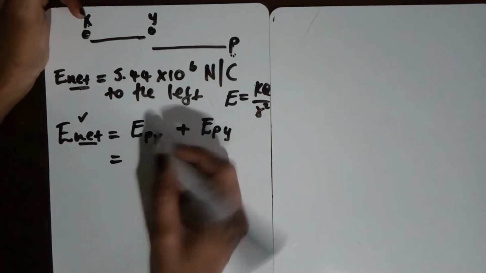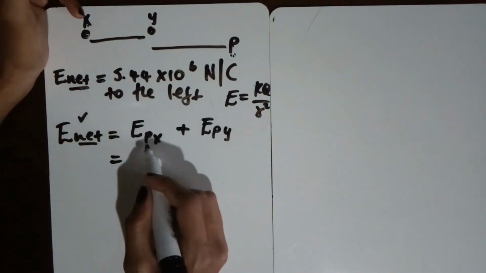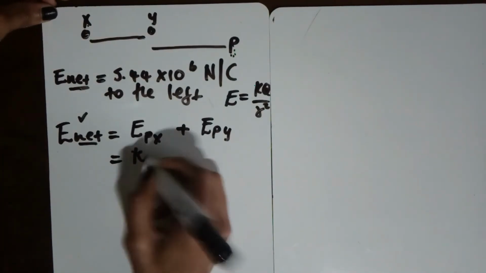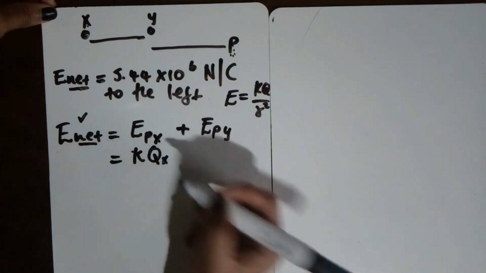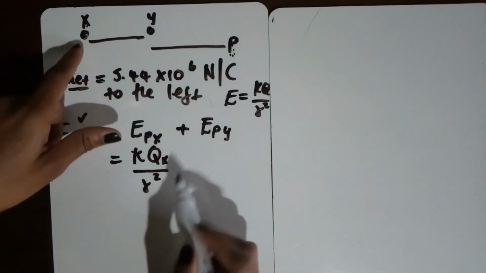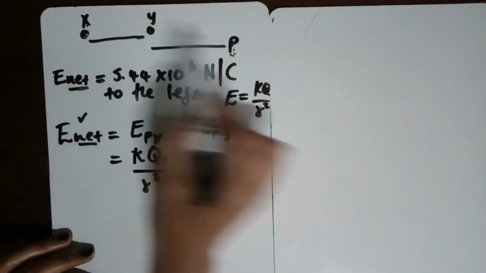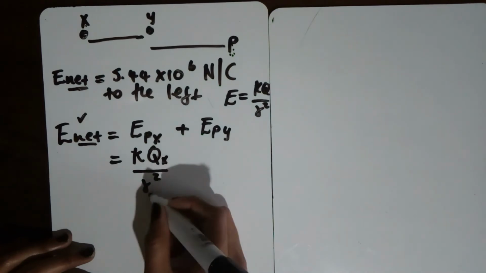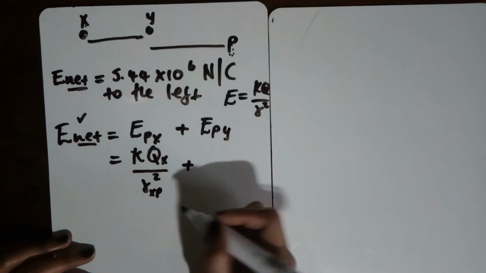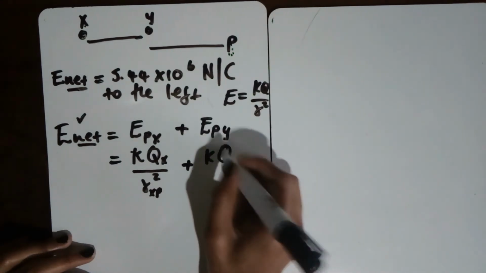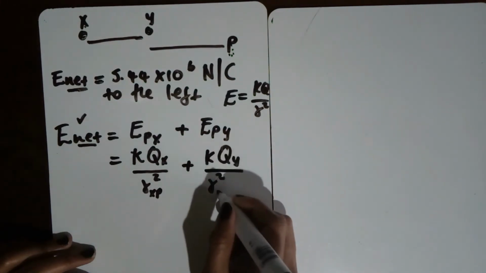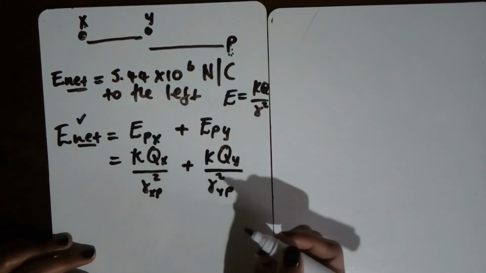The electric field on P due to X is E equals k, our charge Qx, divided by r squared, where r is the separation between them, the distance between X and P, so I write XP there to remind me. Plus now k, Qy, and then r squared, the distance between y and p.